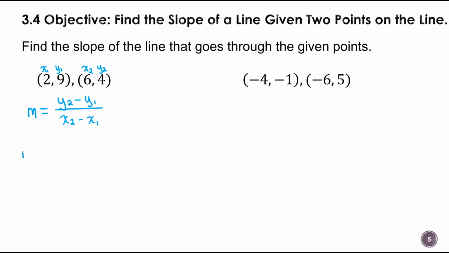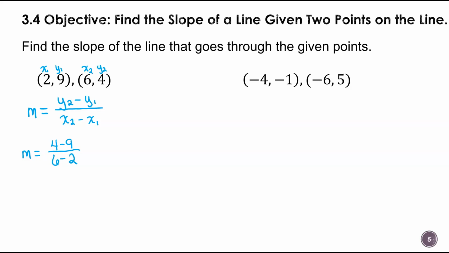Now, some of the things that happen with finding slope is that you might mix up signs, so be careful with that. Everything's positive here, so that helps. And there's subtraction in the formula. So I'm going to take 4 minus 9. That's the y's, y sub 2 minus y sub 1. And then I'm going to subtract the x's, so that would be 6 minus 2. Notice the 4 and the 6 come from the same ordered pair, and the 9 and the 2.